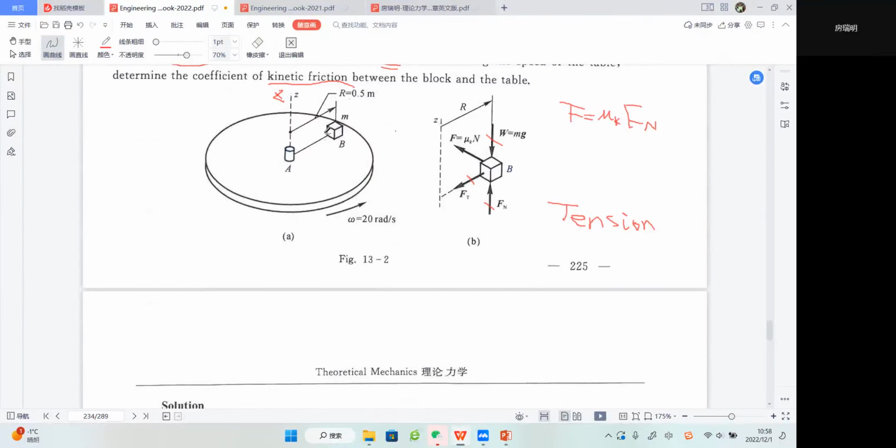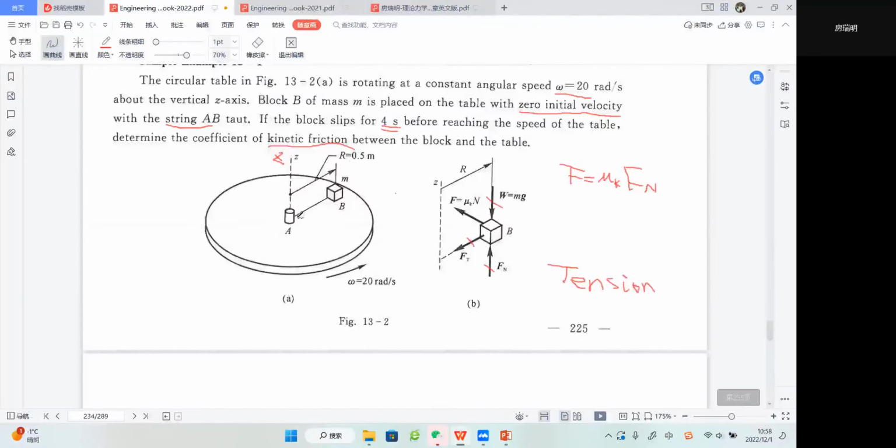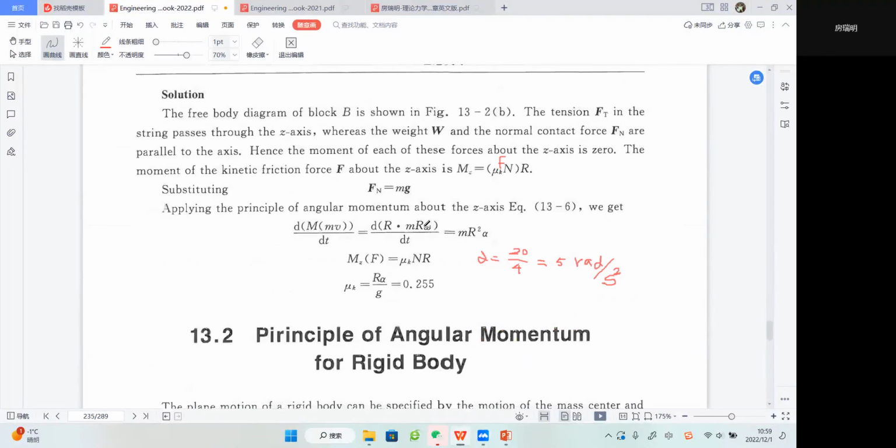V is omega times r, right? Omega times r. So we have d(mv). Omega r is v. Mv's distance from this line to this axis is another r. So we have d(m r squared omega)/dt, so m r squared alpha.